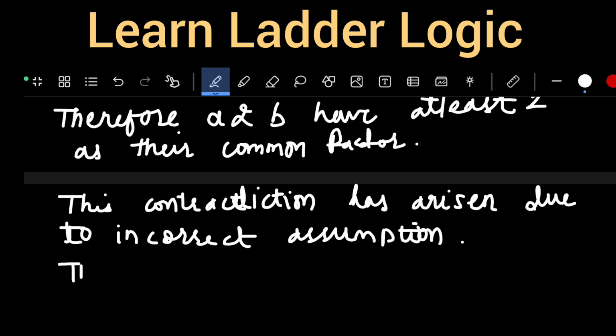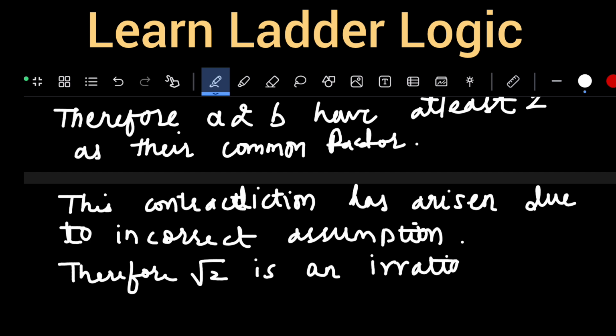Hence, therefore, root 2 is an irrational number. Fine.